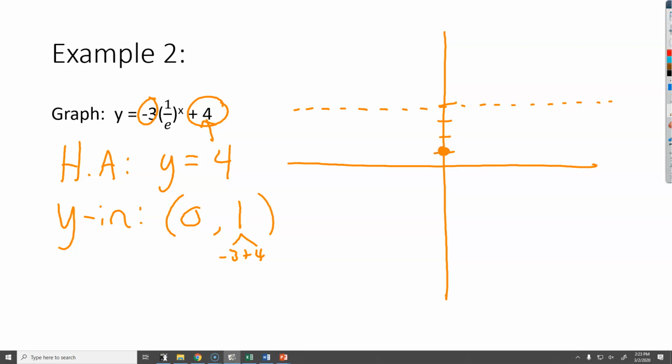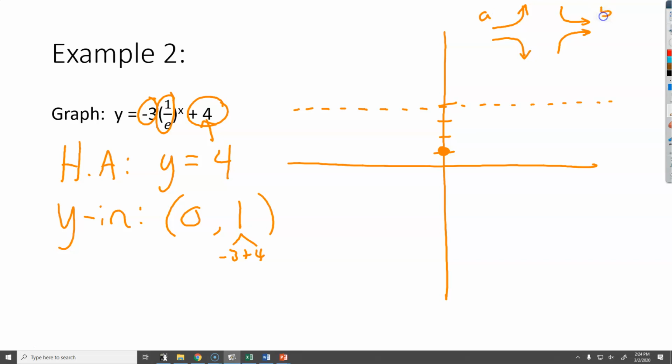The last thing we got to do is our shape. Now when it's 1 over e, that means it's less than 1, right? So we're going to look at our chart that we drew earlier, and I'll give you guys 3 options. Look at your chart. I'm not going to put the numbers on here. I'm just going to draw the shapes. Which one is it?